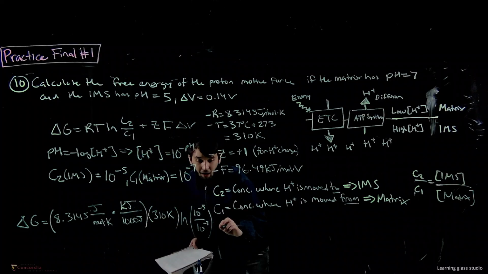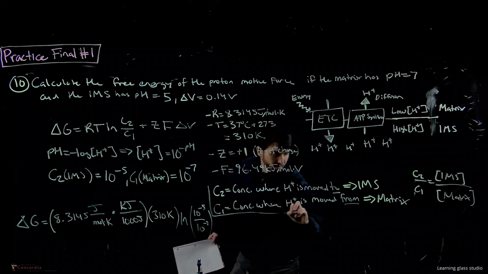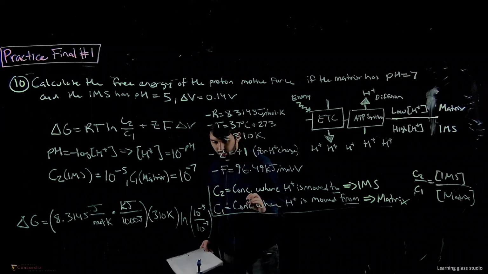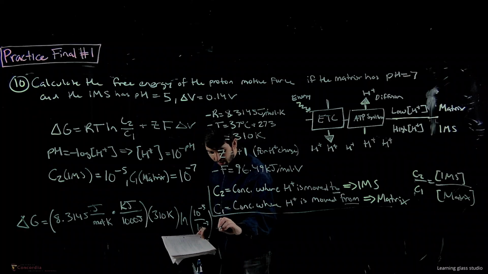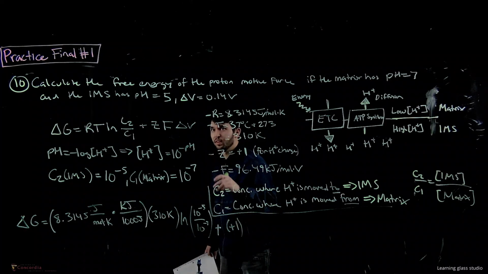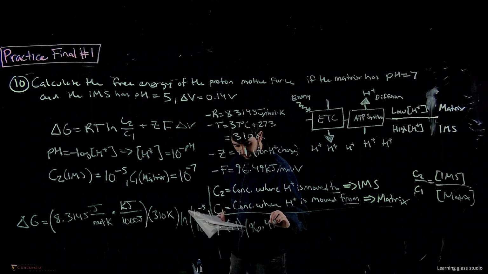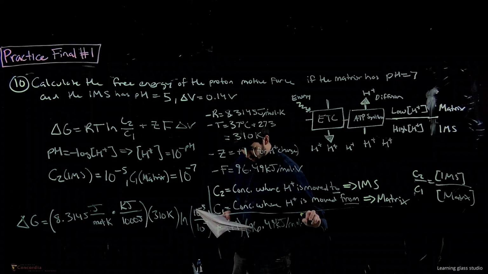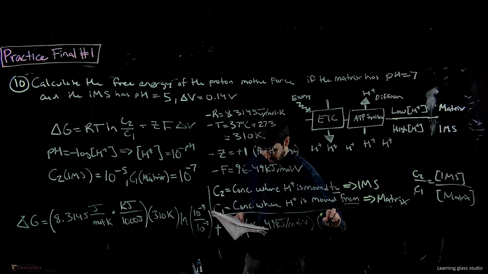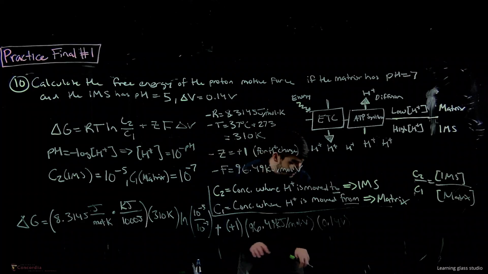And then plus 1, that's our Z, times F. We can keep it the same because it's already in kilojoules: 96.49 kilojoules per mole volt, times 0.14 volts.